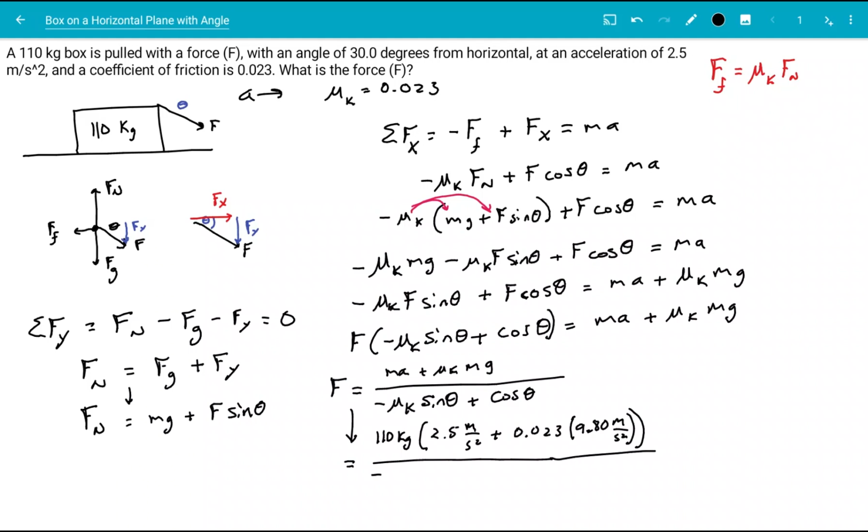And now on the bottom, 0.023, that's our coefficient of friction, sine 30 degrees. Okay, and that's a minus coefficient of friction times the sine 30, plus cosine 30 degrees. And this all equals 72.5 newtons, but we're only good to 2 sig figs, so 73 newtons is our answer.